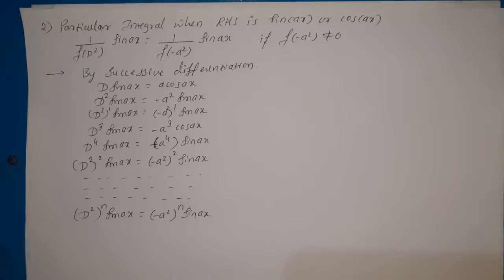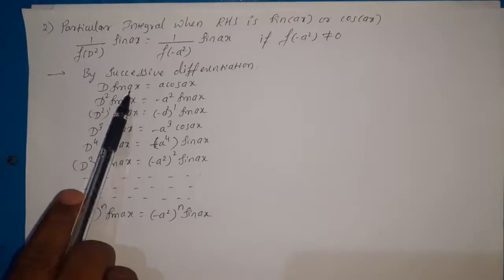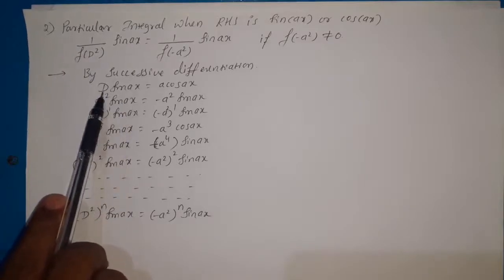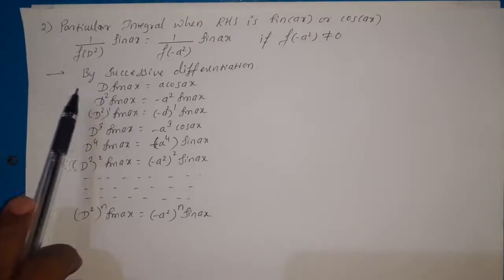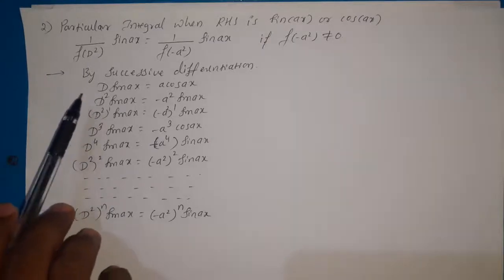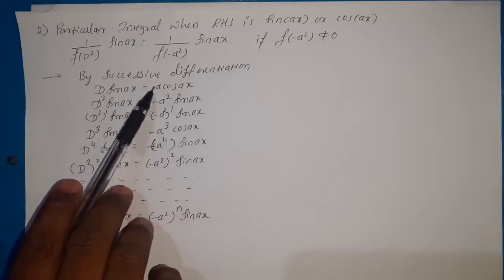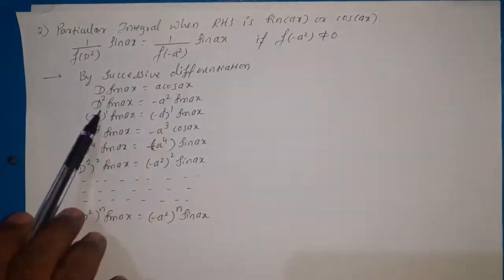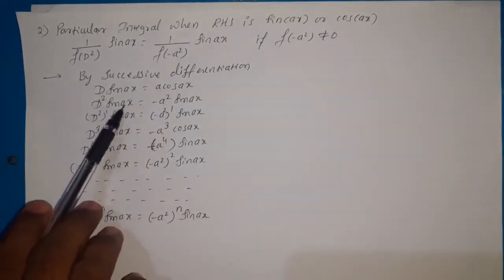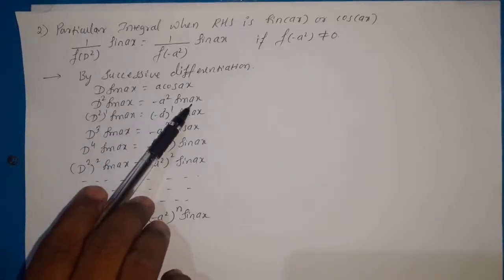Now, by using successive differentiation: we already know that capital D is an operator and it is equal to d by dx. So d by dx of sin ax is cos ax into a, that is a cos ax. Then the second order derivative, D square sin ax, equals minus a square sin ax.